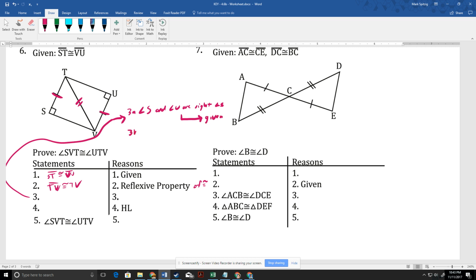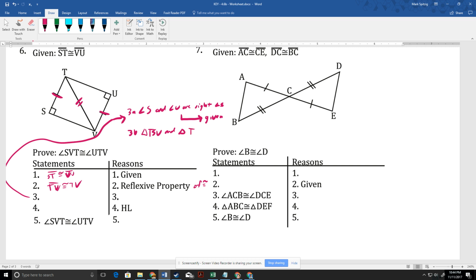And then 3B here would be that angle S is, actually, no. Because I'm not going to ever use these angles as congruent. What I am going to do is use them to show that the triangles are right triangles. So I can actually say triangle TSV and triangle, let's see, I did TSV, so I'm going to do TUV.